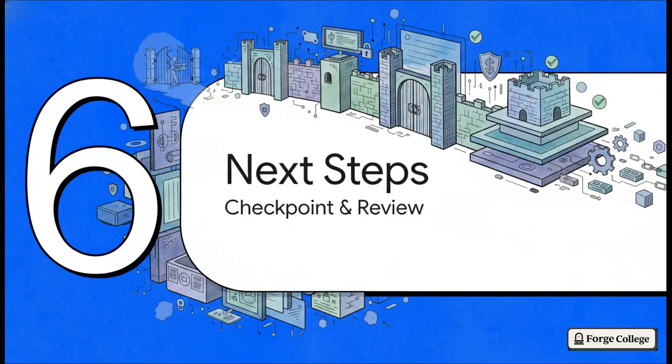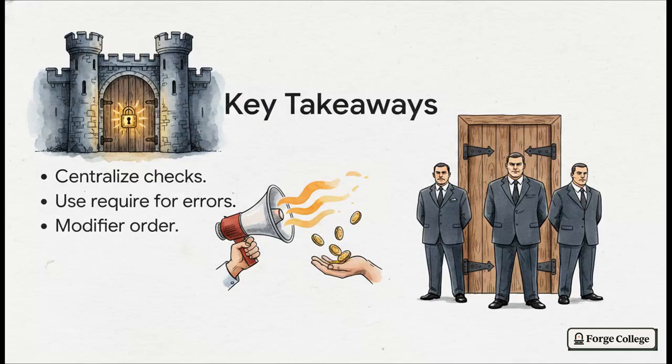Which brings us to our final stop today, Section 6, checkpoint and next steps. So we have successfully gone from an unguarded, wide-open function to a perfectly layered, secure checkpoint. We've enforced ownership, we've validated parameters to prevent catastrophic data entry, and we've proven these defenses in a test environment. And I think this brilliantly illustrates our 3 core principles for today.